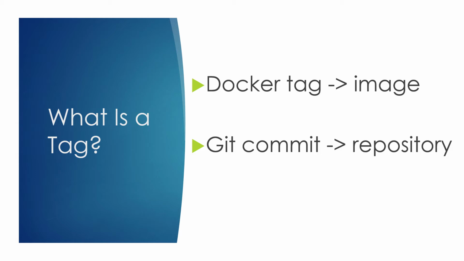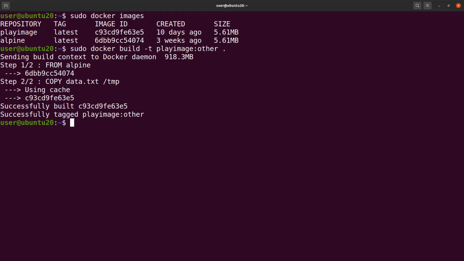Let's say you put your code into a Git repository, then you make various modifications, then commit and push those modifications to the Git repository. Each commit has a unique ID. Similarly, if you have a Docker image, then it has a tag. After building the Docker image, like we do here, you can push it to a Docker repository.